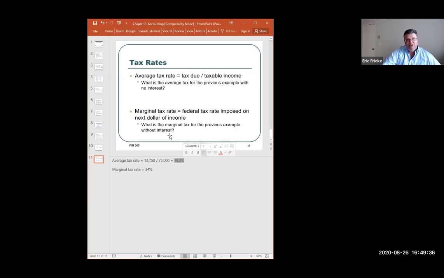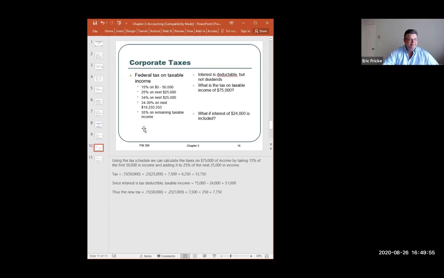But what's the marginal tax rate? The marginal tax rate is, if we had one more dollar of income, what would that dollar of income be taxed at, right? The marginal tax rate for us, if we're at $75,000, I'm going to go back to here.